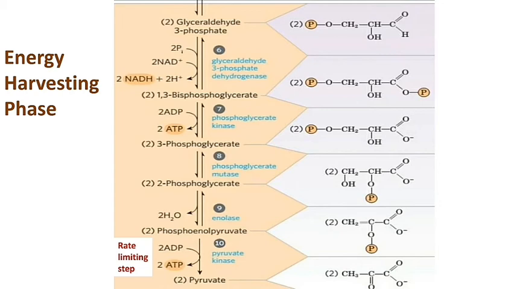Now the 3-phosphoglycerate is converted to 2-phosphoglycerate by means of the enzyme phosphoglycerate mutase, and after that the 2-phosphoglycerate is converted to phosphoenolpyruvate, where one molecule of water is eliminated by means of the enzyme enolase.